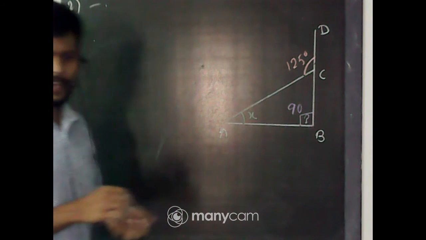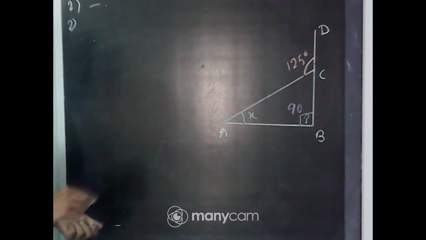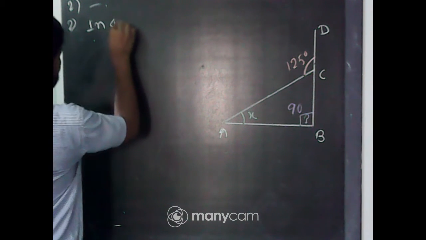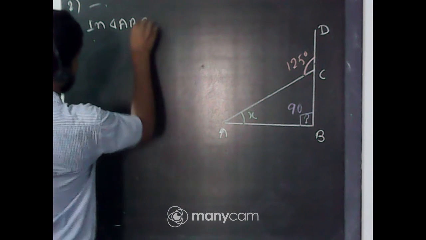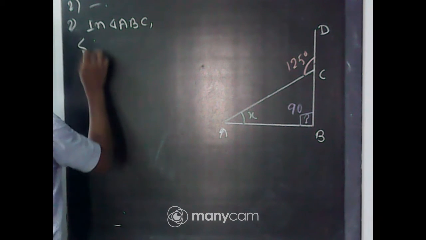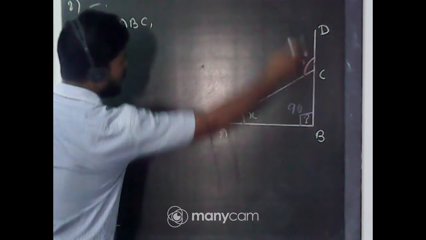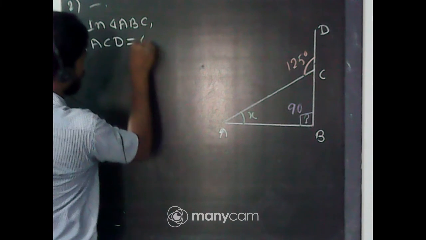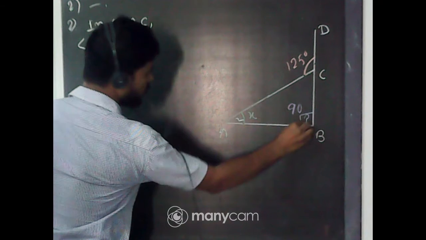So apply the angle sum property, sorry, exterior angle property. So in the triangle ABC, if we apply the exterior angle property, then the angle ACD will be equal to the sum of these two angles.